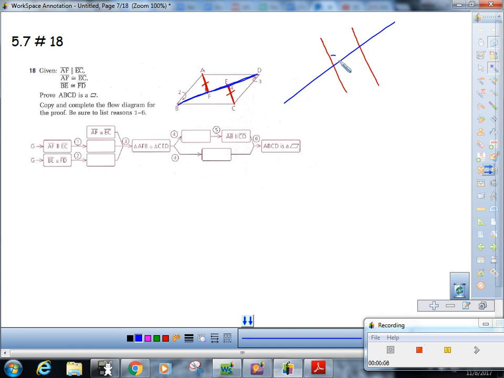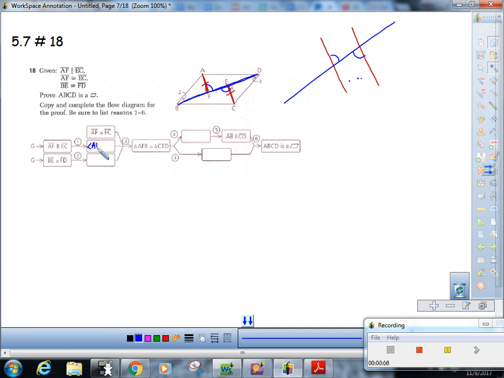So why is this angle congruent to that angle? Alternate interior. So that's why this angle is congruent to that angle. Okay, so I'm trying to make it look like a picture that I recognize. So AFE is congruent to CEF. I got that because AF is parallel to EC, so that's what this is going to be.